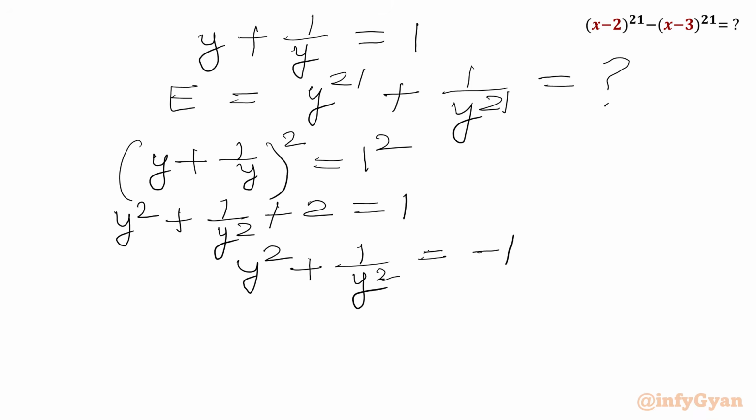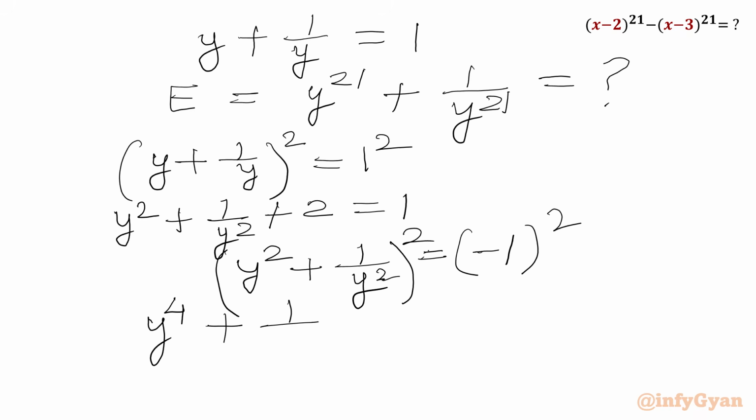Again we will consider squaring both sides. So I will write here whole power 2, whole power 2. We'll write y power 4, which is y square whole square, plus 1 over y power 4, which is 1 over y square whole square, plus 2 times y square times 1 over y square, that will give us 2, equal to minus 1 whole square, which is plus 1.